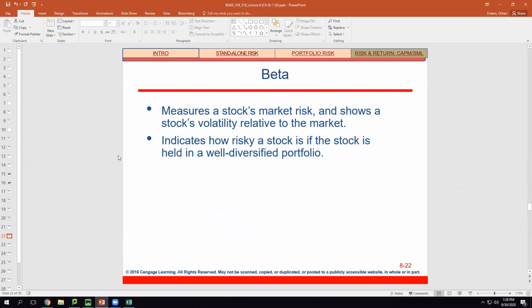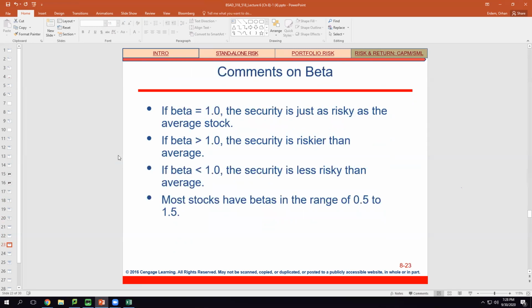Similar to correlation, which is between -1 and +1, beta is a value too. Beta can be negative or positive, some number. But the threshold is 1.